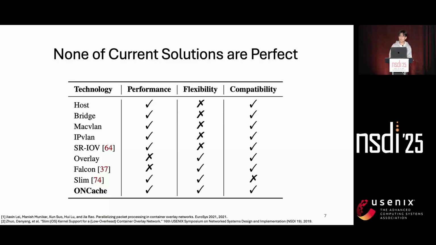Our paper also analyzes other types of networks. All existing container networks are not perfect. They fail to offer low overhead, high performance, high flexibility, and high compatibility at the same time, which motivates this work.